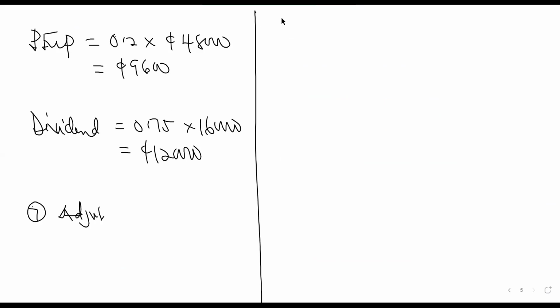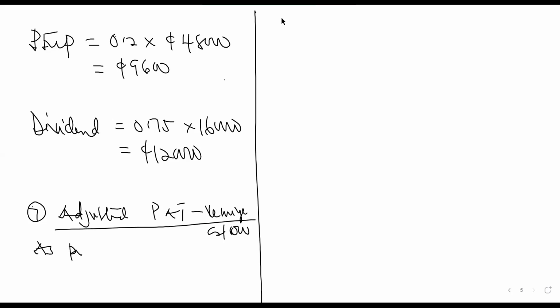Adjusted profit after tax for Veneer. Okay. So we are going to be having the items here. Let's put 3 zeros here. So as per the footnotes.